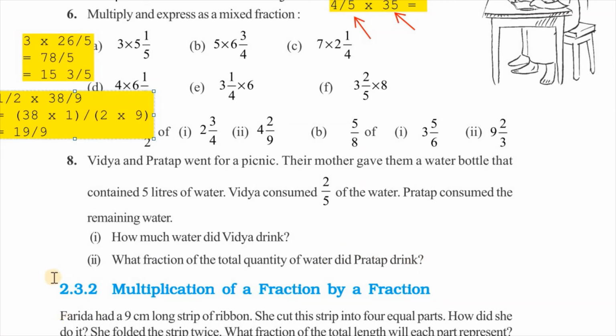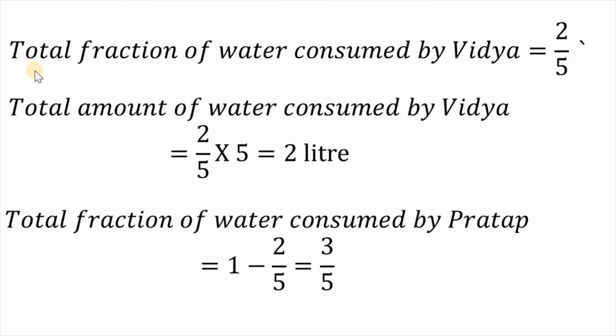To solve this, let us copy down the information given here into our given section. So what is given to us is that the total fraction of water consumed by Vidya was 2/5. In order for us to find the total amount of water that she consumed, we need to use the fraction of operator and multiply with the whole.